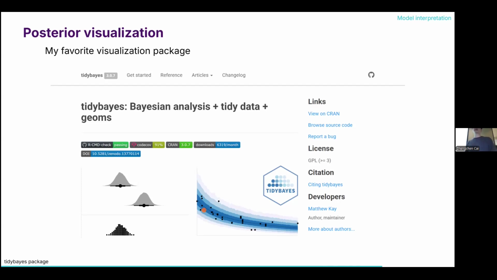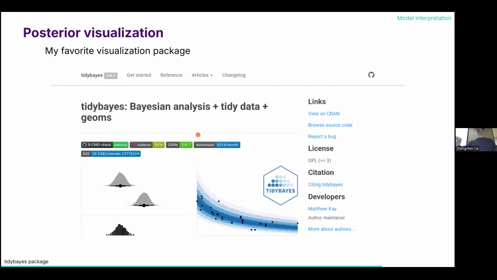The easiest way to show the result, of course, is you show the posterior distribution, as we mentioned in the first session. You have a distribution, you can extract like maximum a posteriori, like the peak, or the ROPE, or whatever parameters you want.